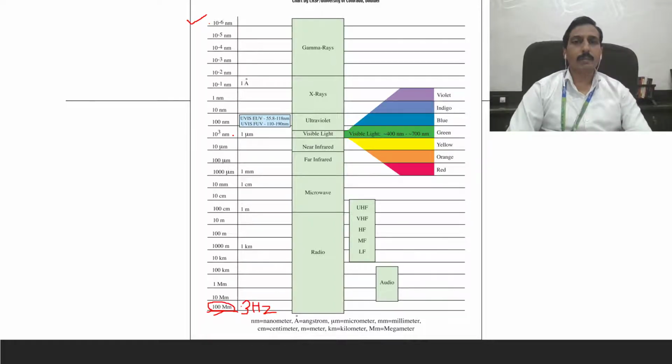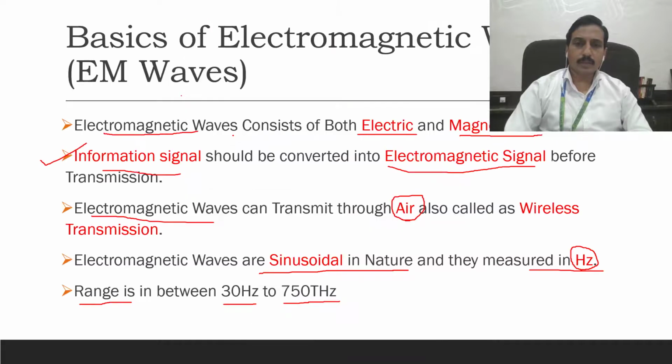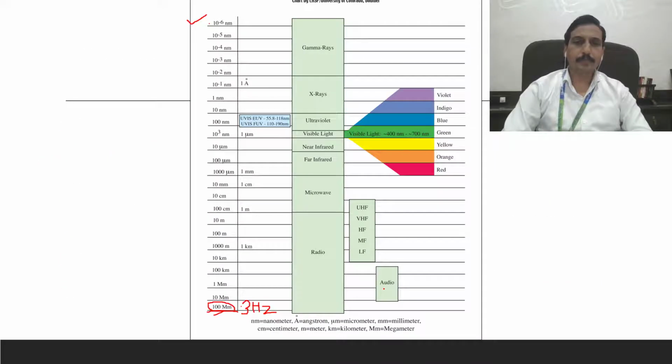But when you are talking about frequency, then you can refer from 3 hertz to terahertz. Or in the previous slide, 30 hertz of frequency is also there, up to 750 terahertz of frequency. So this is the minimum frequency and maximum wavelength.